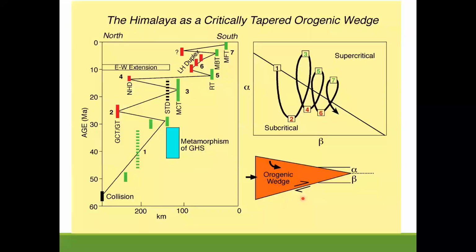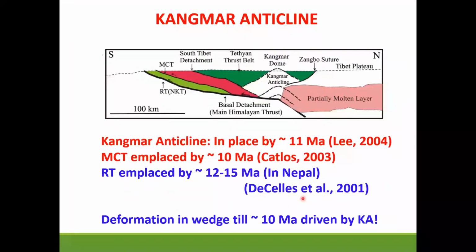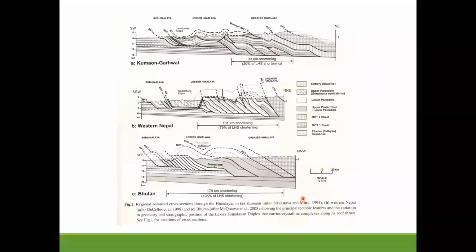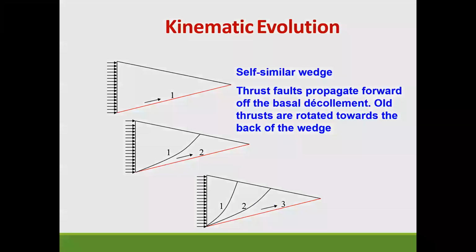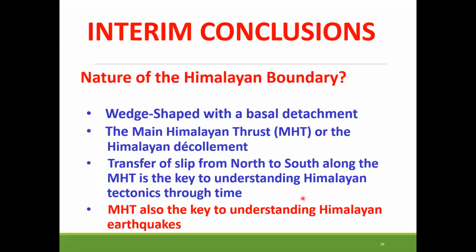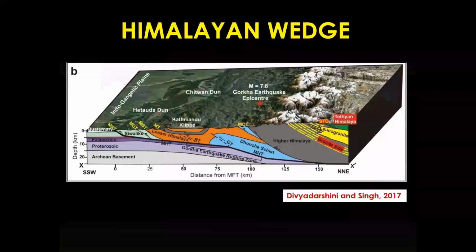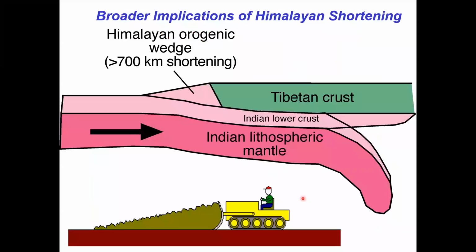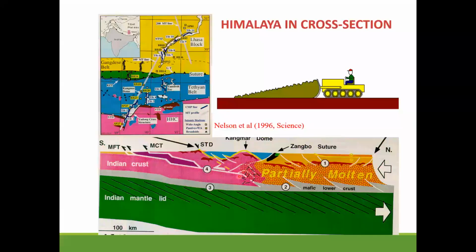this diagram once. So you can see here that most of Tibet and a part of what you see in the higher Himalaya is actually partially molten. This is basically the upper crust that is molten, and that is sitting all the way here.